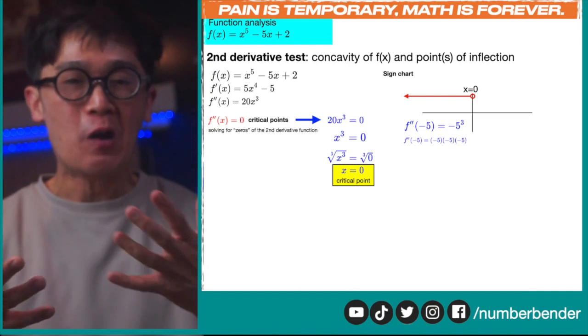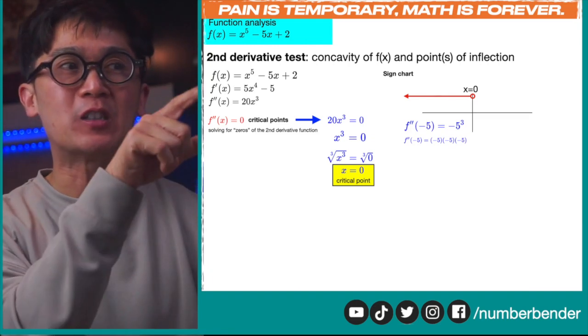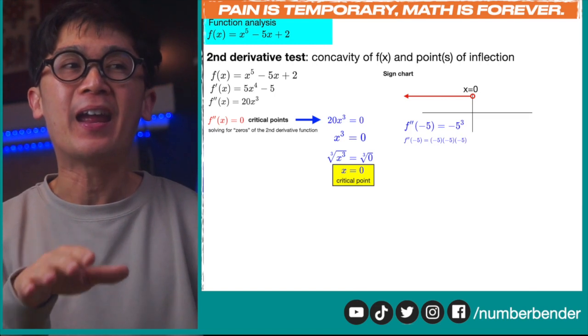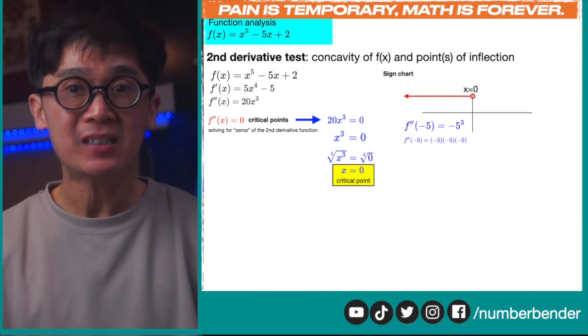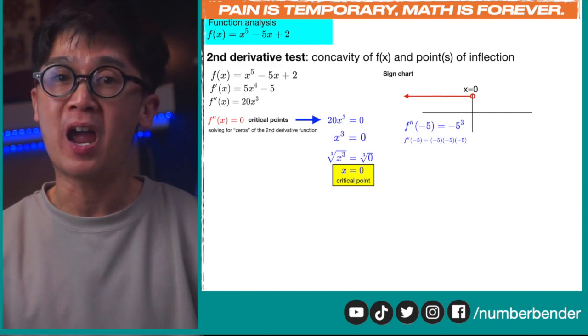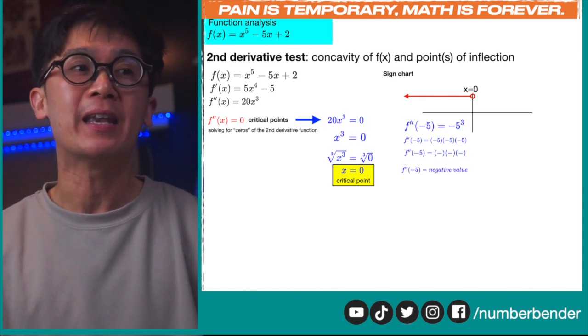Oops. But you know that we're just working on 20x cubed, and by finding or looking at the values of the second derivative test using f double prime of negative 5, it will still give us a negative value.